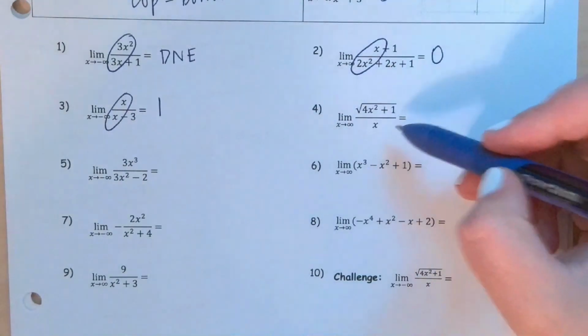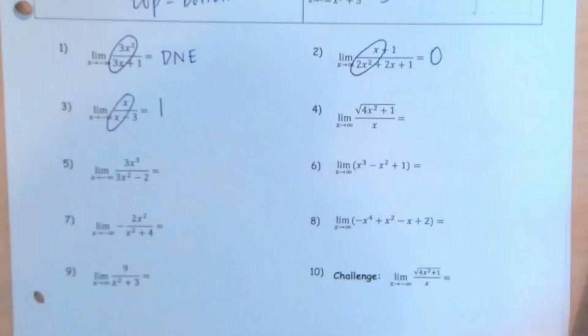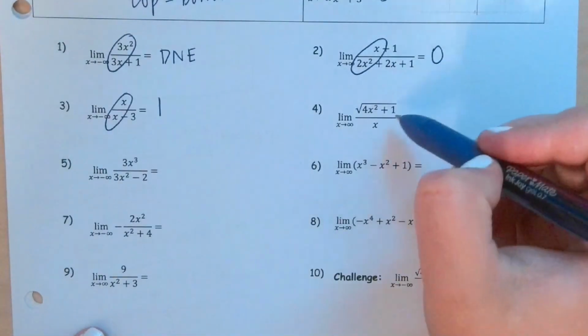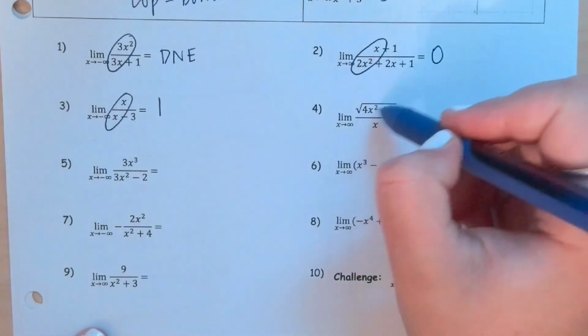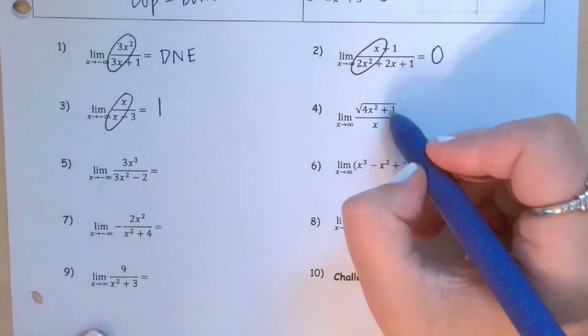This one is a little funky. I'm sure the square root would throw a lot of people. The way I like to look at these, for our limits, we're only concerned with our highest degree. So our highest degree in the top right now would be this 4x squared, but that's under the square root. So we're just going to ignore this plus 1.